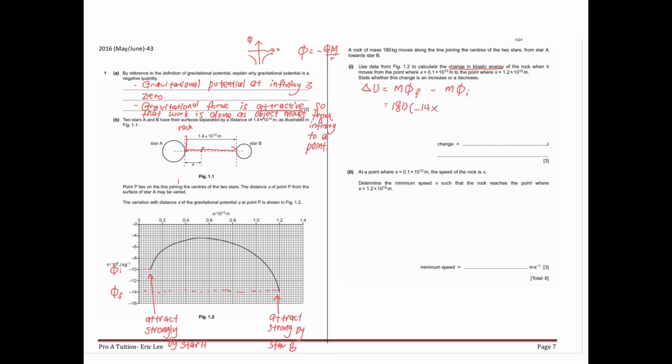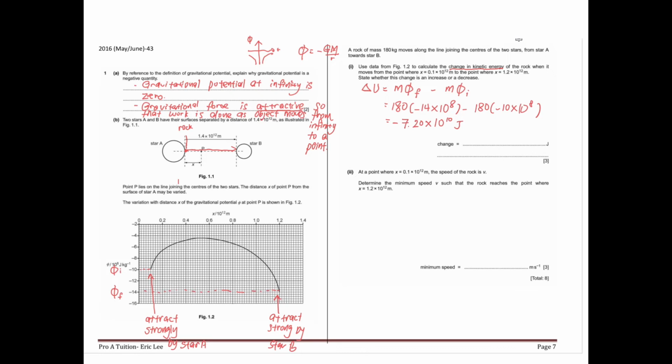Don't forget there is a 10 to the power of 8 given in the vertical axis, so you have to put that into the calculations. Minus m phi initial, minus 10 times 10 to the power of 8. If you calculate this value, you will get minus 7.20 times 10 to the power of 10, and the unit is joule.